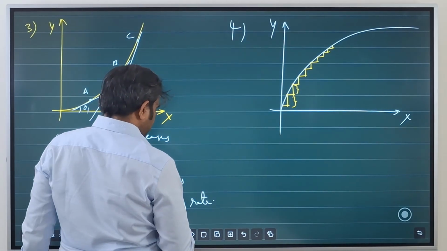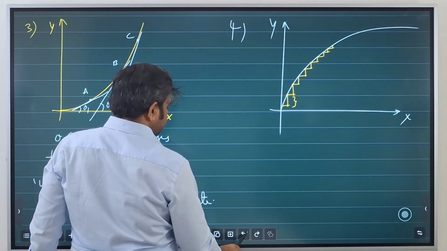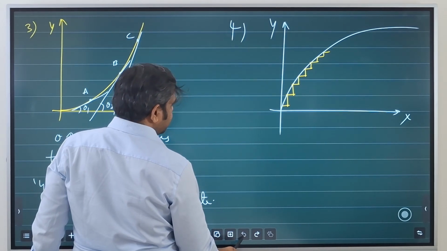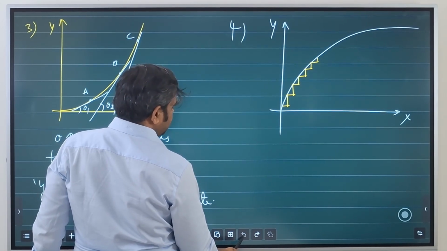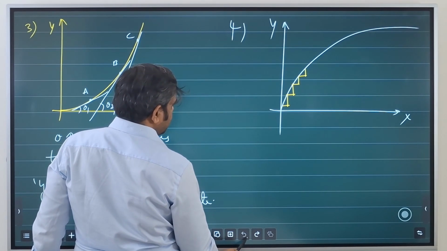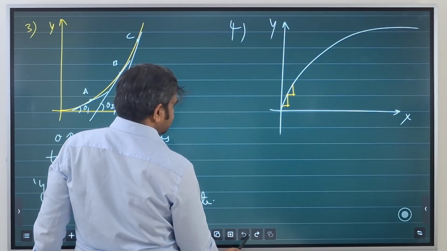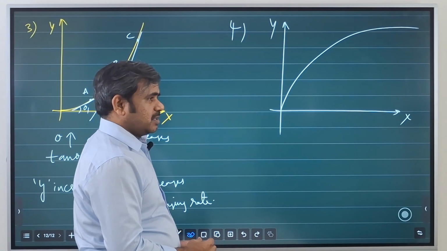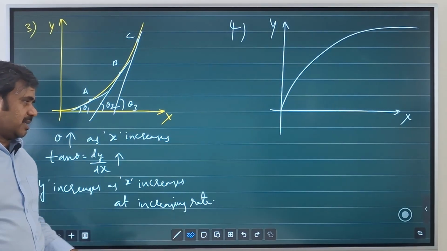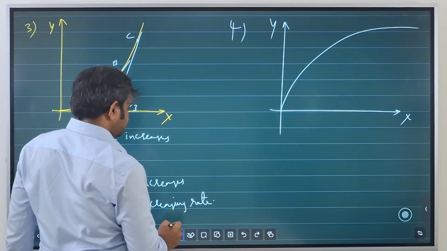Okay, slope decreases. Slope decreases. Y does not decrease. Y increases as x increases. But slope decreases. Rate of increase in y decreases. Draw tangents.